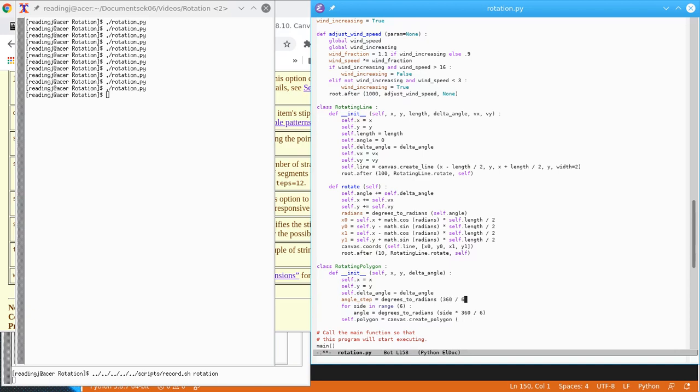Now, why don't I just put 60 in there? I could, and really this isn't that obvious. In fact, I should have n sides equals 6, and then if I said divided by n sides, that would make it a little clearer, right? So 360 is recognizable as the degrees in a circle, maybe, but 6 is better replaced with n sides.